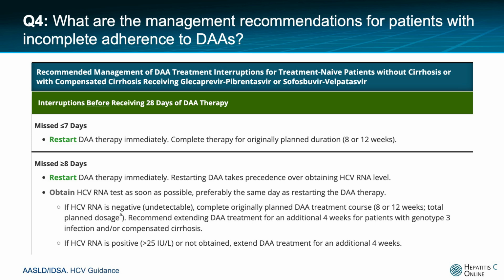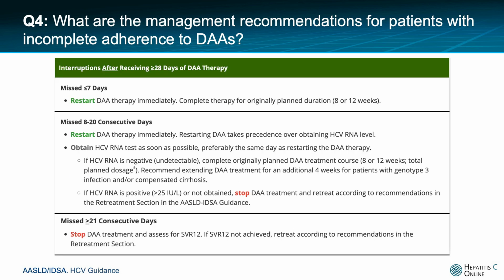In patients who experience treatment interruptions after receiving at least 28 days of DAA therapy, management again depends on the duration of treatment interruption. For those who miss 7 or fewer days, the recommendation is to restart therapy immediately and complete the planned treatment course.